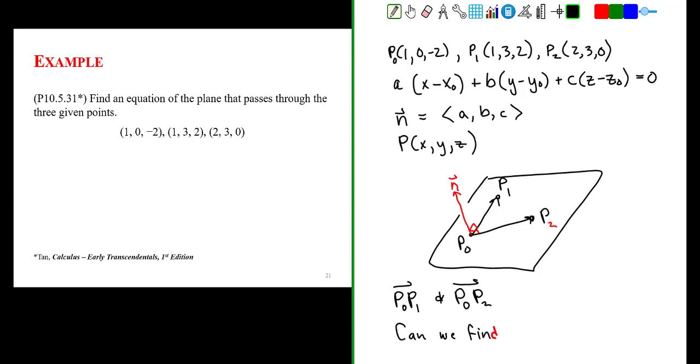So again, can we find a vector normal to vectors P0P1 and P0P2? If we could find a vector that's normal to those, then we'll be able to determine an equation for our plane.